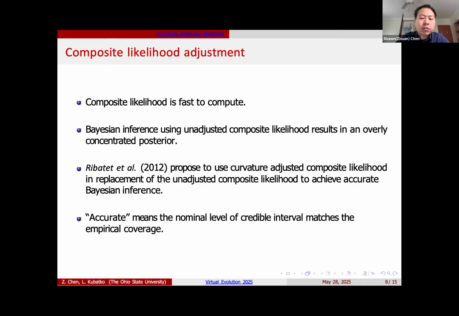Ribatet et al. in 2012 proposed to use a curvature adjustment to adjust the composite likelihood to achieve an accurate Bayesian inference. Here, accurate means that the nominal levels of credible intervals should match their empirical coverage.